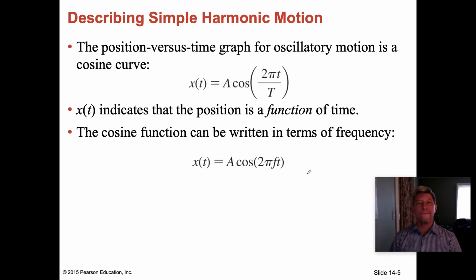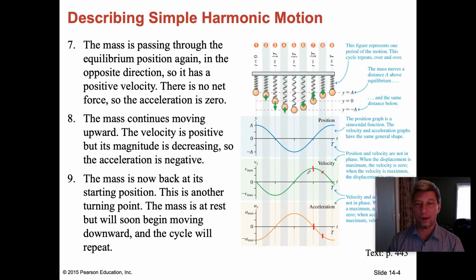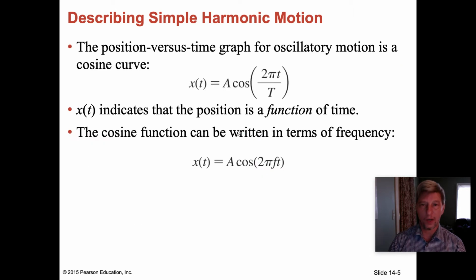Okay, so the position versus time graph represents a cosine curve. Let's go back, all right? Position versus time is shown here. All right, so the position at time t is given as the amplitude times the cosine of 2 pi t over the period. All right, so position is a function of time.